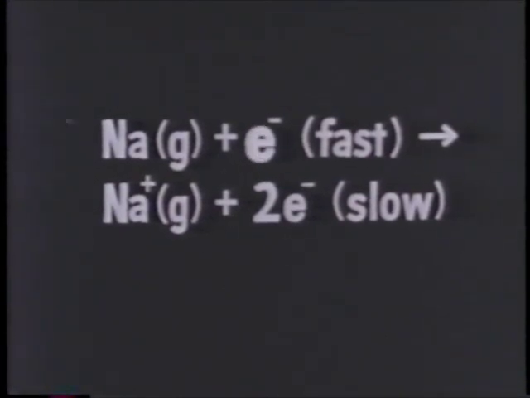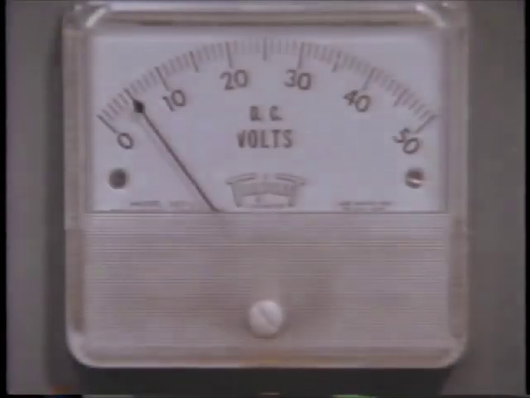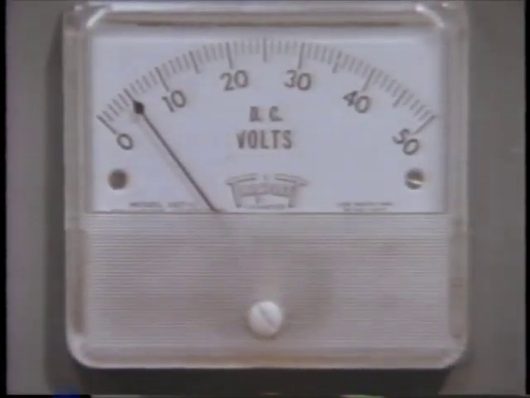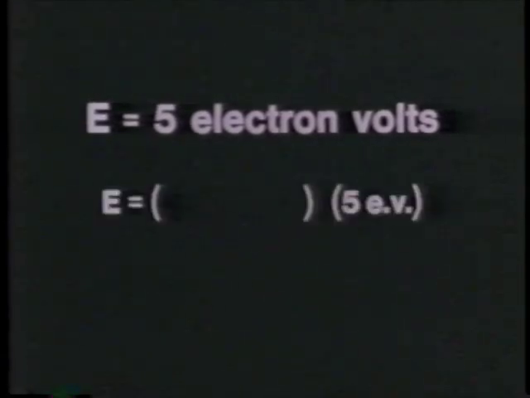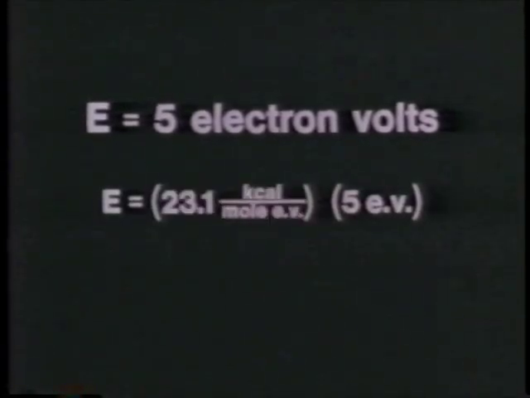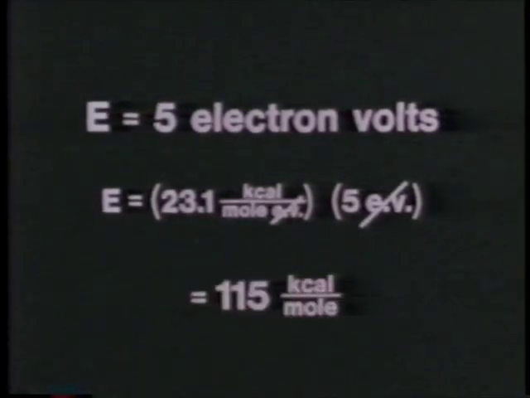The ionization energy of sodium can be calculated from the measured accelerating voltage of 5 volts. An energy of 5 electron volts was given to each electron. We can change the units to kilocalories by multiplying by the conversion factor 23.1. Thus, we obtain about 115 kilocalories per mole with an uncertainty of about plus or minus 10.